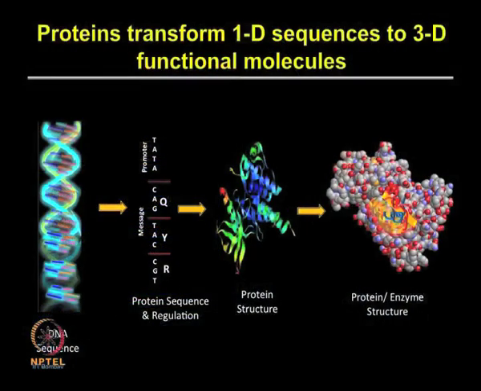If you look at the central dogma, from DNA to RNA and protein, proteins can transform the one-dimensional sequence into three-dimensional functional information. Proteins can have a wide range of functional properties because of their different functional groups, which account for various protein functions and activity.